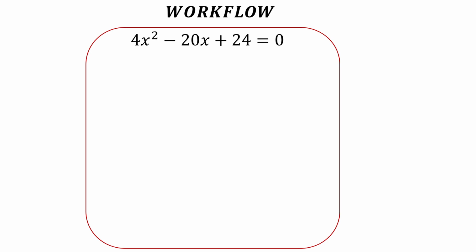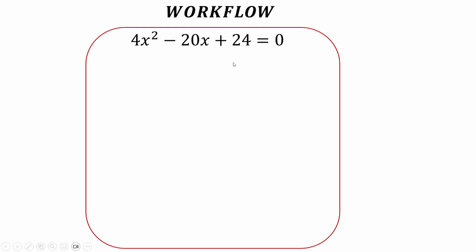Usually what we would have done is to multiply the 4 and the 24, and that would have probably given us something like 96, right? I would have proceeded to find the factors of 96.